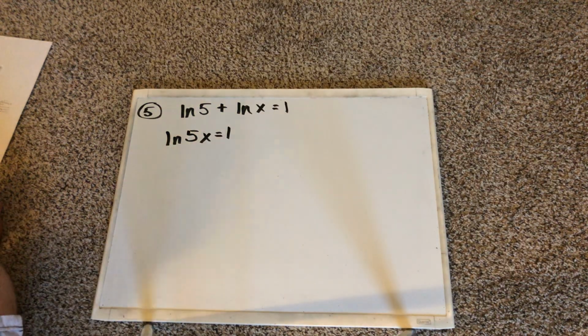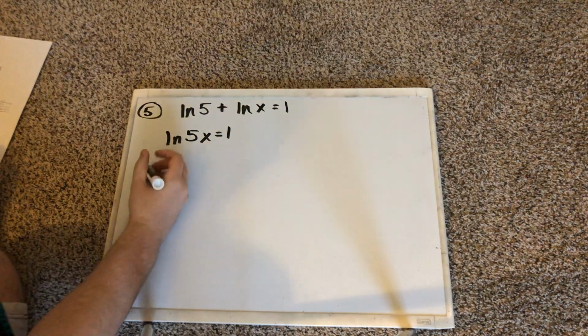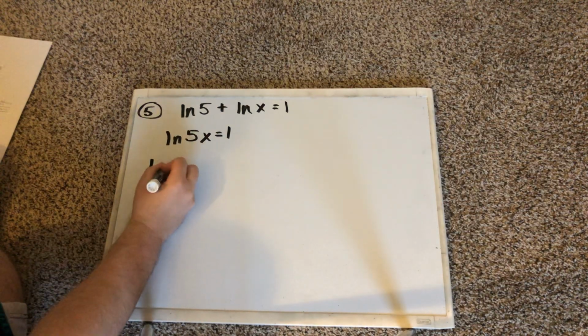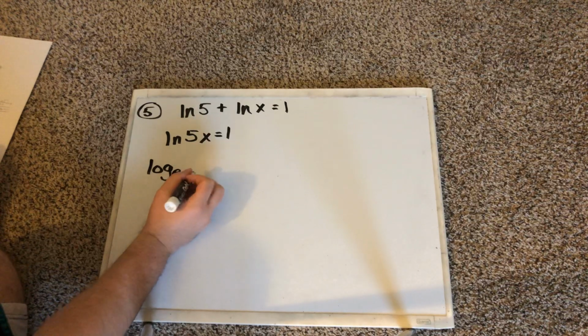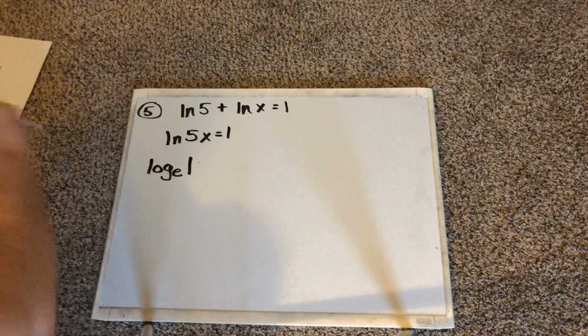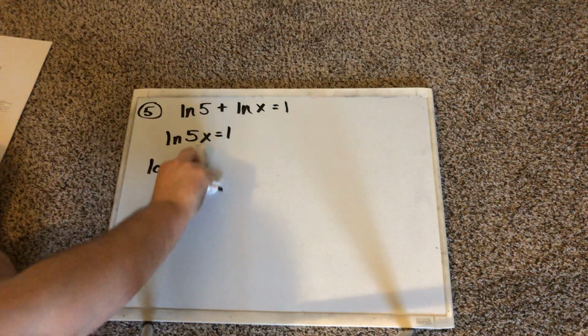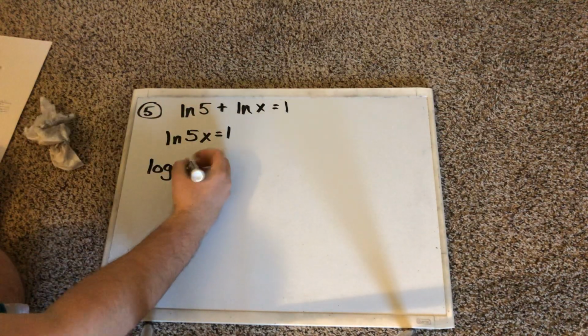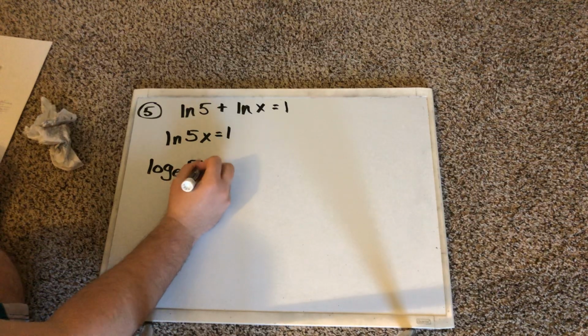And this is in log form, right? Let's turn this to exponential. So now I'm kind of working opposite. The natural log, I can just write as log base e. So that's 1. Log base e of 5x equals 1.